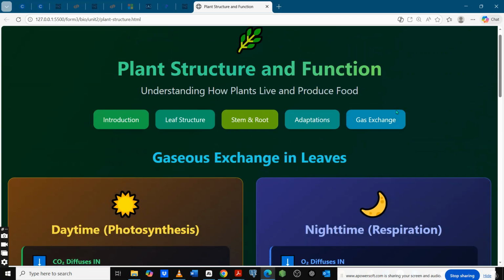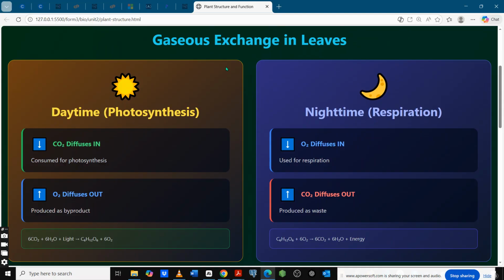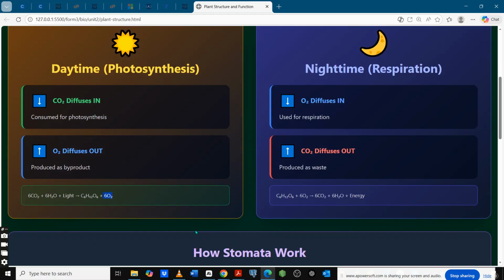Gas exchange. In terms of gas exchange, it takes place in a leaf. For example, during the day, that's when photosynthesis takes place. Carbon dioxide enters the leaf, and as a result we have production of glucose. And oxygen diffuses out. It is produced as a byproduct, as you see here. That's the byproduct of photosynthesis.